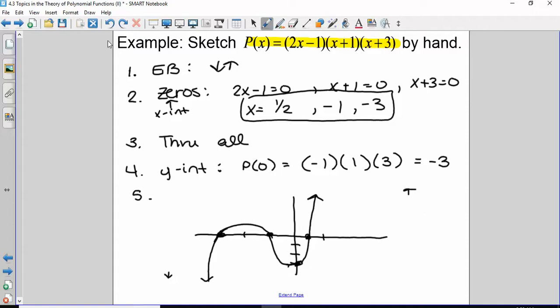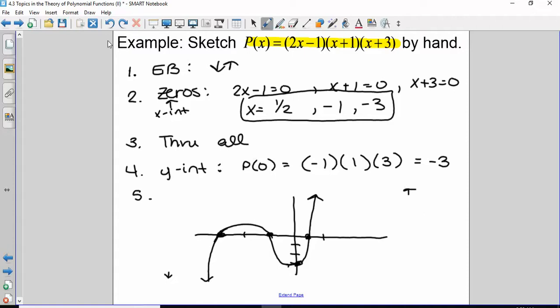So you go to your y equals and put in that original polynomial. Are we close? Use that to double check yourself.